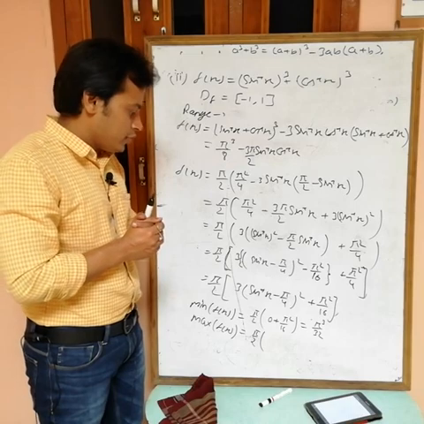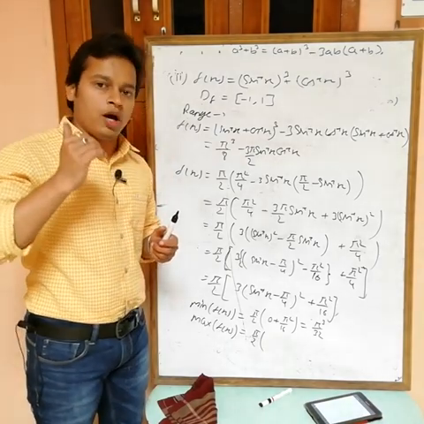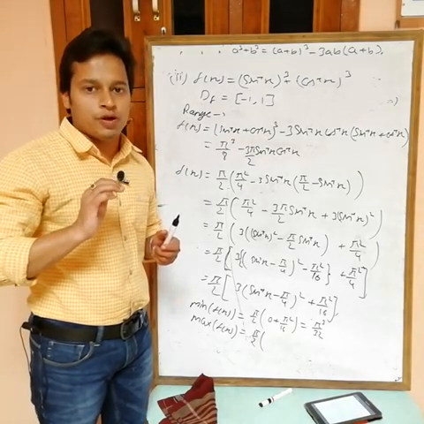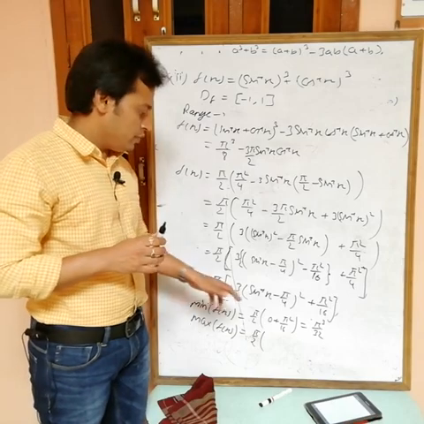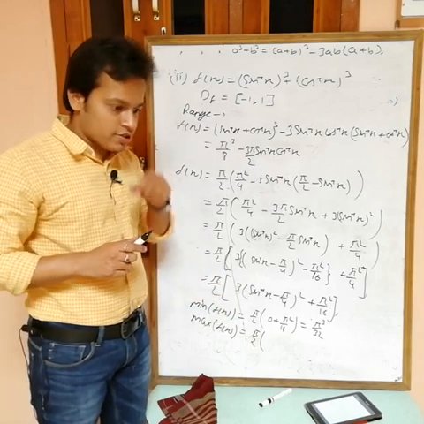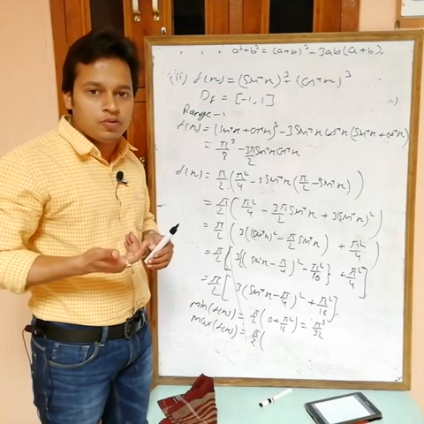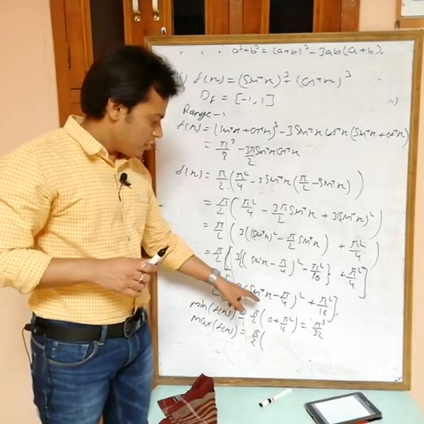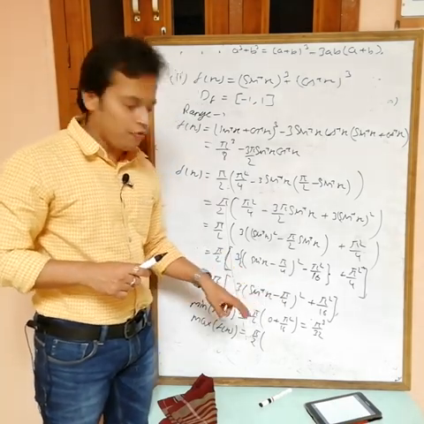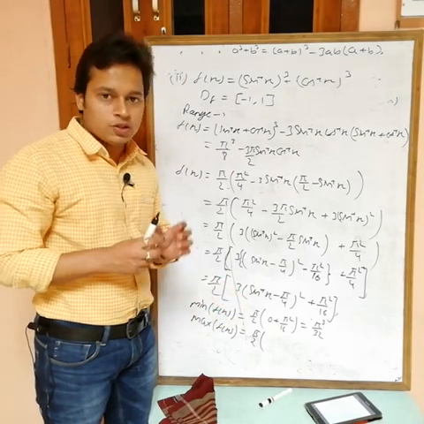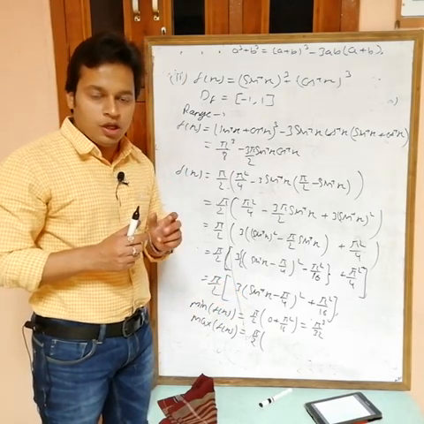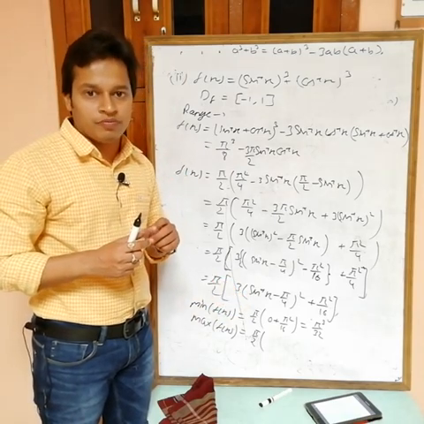So sine inverse x can take values from minus pi by 2 to plus pi by 2. Okay, so this will be maximum if you put sine inverse x equals minus pi by 2. See, actually this is minus pi by 4. If you put a positive value, then it will be subtracted. If you put negative, then no problem, then it is added.